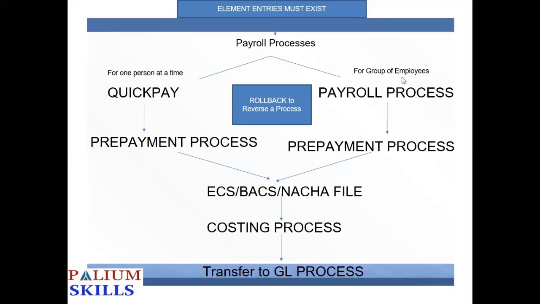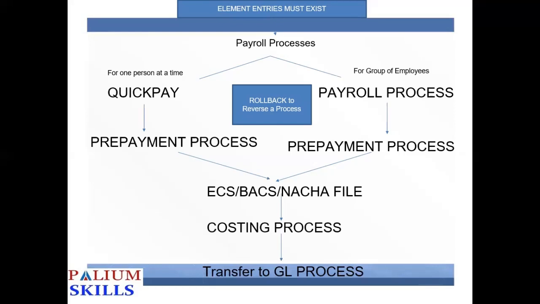Once you submit your payroll process, it will process all the elements and do all the formula processing, just like we saw in the case of quick pay. In case there are some errors, or you find some elements or employees got skipped, you have an option to roll back the process.